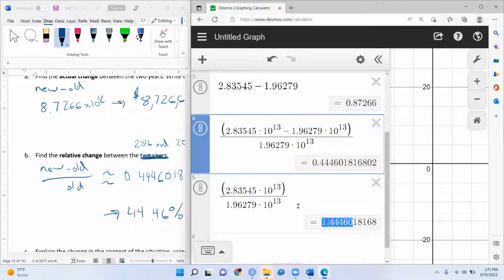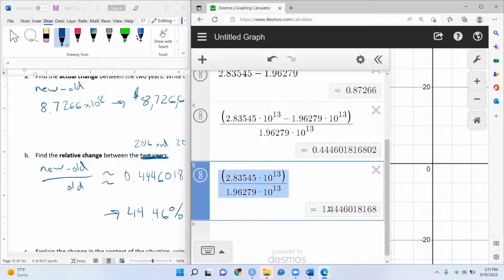Now, we could use that to try to mislead people, because the division one sounds way worse than the relative change one, right? What we can't say is there was a 144% increase in debt, because that's not true. It's 144% of, which represents a 44% increase.